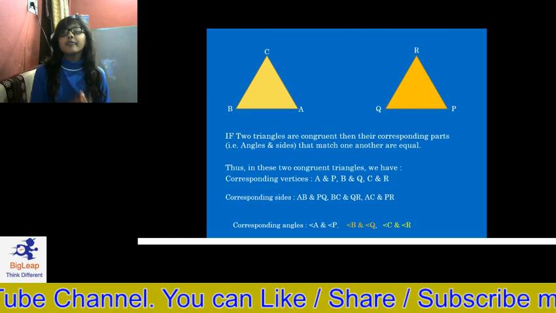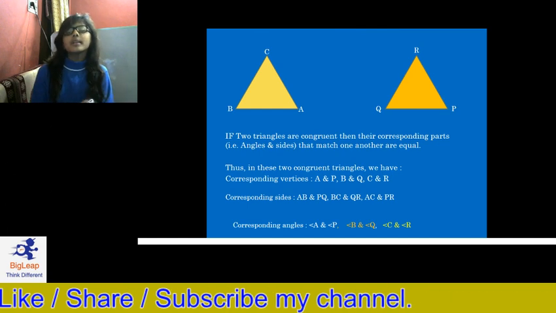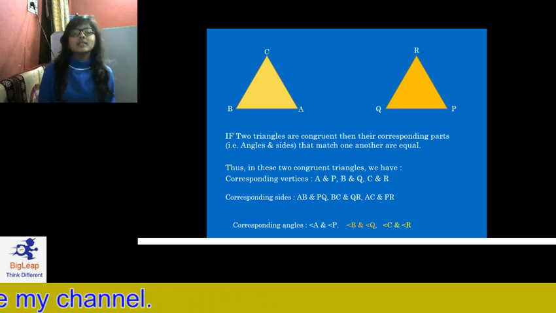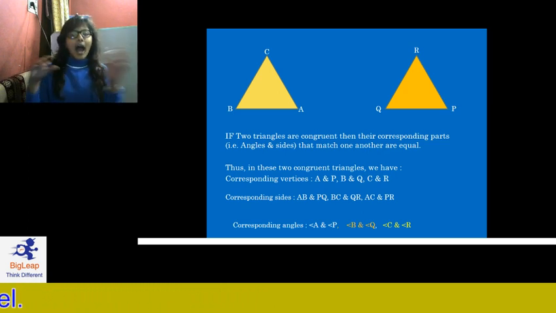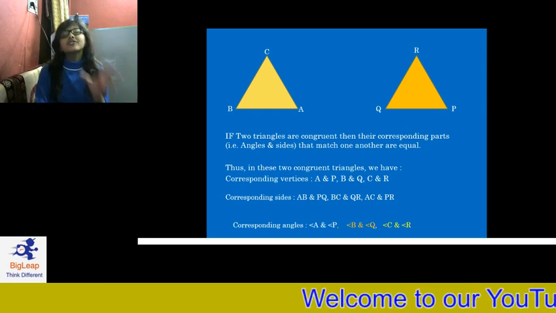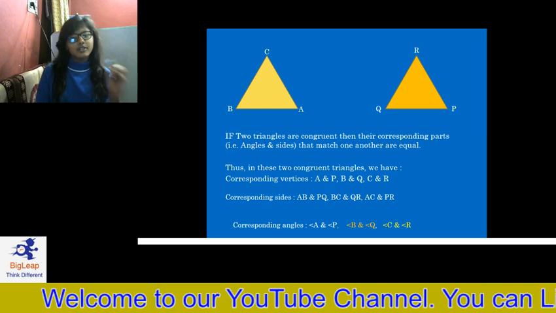Now, if you know that two triangles are congruent, their corresponding parts will be equal. What do we mean by corresponding parts? By this we mean the angles and the sides will have equal measure and will match exactly, like copies of each other.